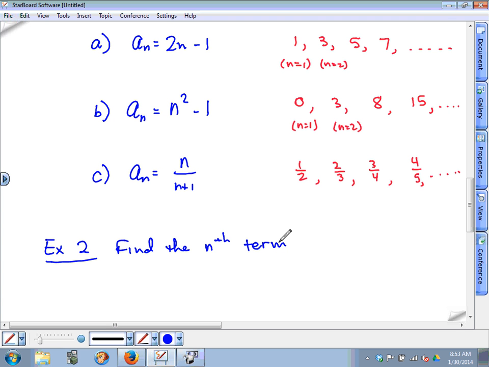You've got to recognize the pattern and tell me what the equation would be. That's what it means to find the nth term. Do you understand what I'm asking? Yes. Okay. I'm going to give you a couple of terms. You've got to try your best to find some kind of a pattern and then fit an equation to that pattern. It's not always that easy, but it is so fun.